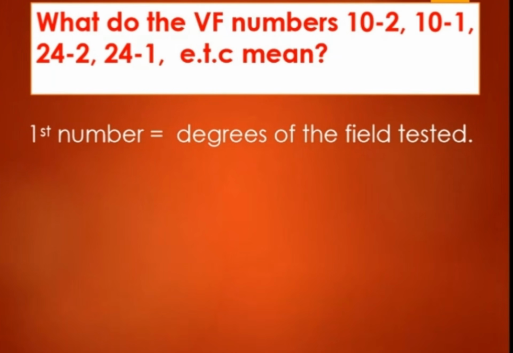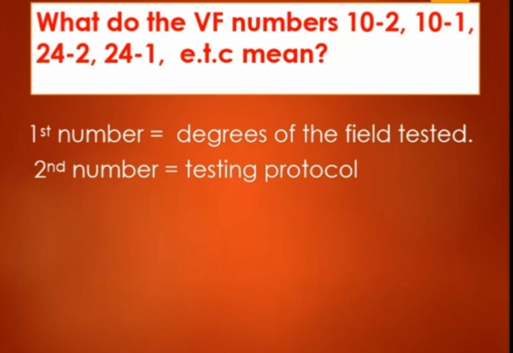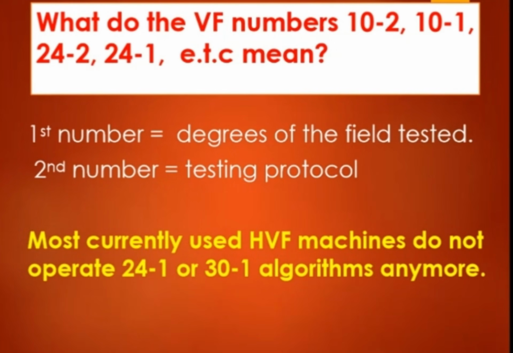I know you're seeing central 10-2, central 24-2, central 30-2. The first number, the 30 or the 10, represents the degree of the field tested. The second number, the 2, which can also be 1, shows us the testing protocol.